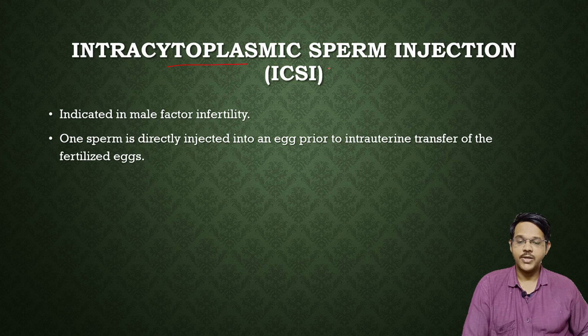Intracytoplasmic sperm injection is indicated in male factor infertility cases. Here one sperm is obtained and directly injected into the egg prior to intrauterine transfer of the fertilized eggs. So the sperm is injected into the egg, fertilization takes place, after which the fertilized egg is implanted into the uterus.